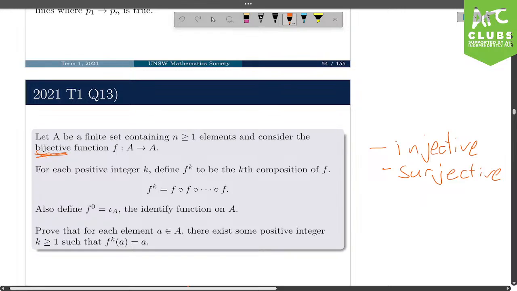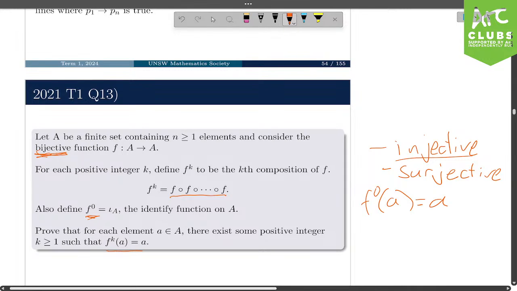It turns out we'll only need injectivity. We define f to the k as k compositions of this function. We're also going to define f to the 0 as the identity. So that means f to the 0 of any element a is simply equal to a. That's what identity means. And we want to show that for each element a of A, there exists some positive integer k greater than or equal to 0, such that f to the k of a equals a.